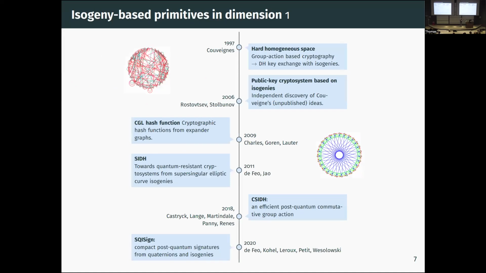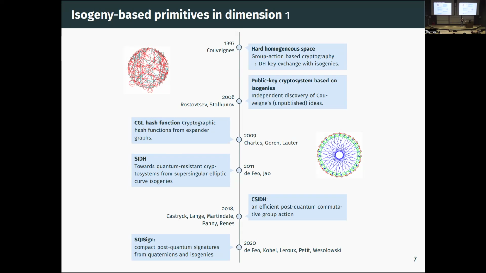To finish this prior on the one-dimensional setting, I summarized some of the most important proposals for cryptographic primitives that happened in the one-dimensional setting. This all started with a proposal by Couveignes already in 1997, who suggested to use group actions that are based on isogenies in cryptography.